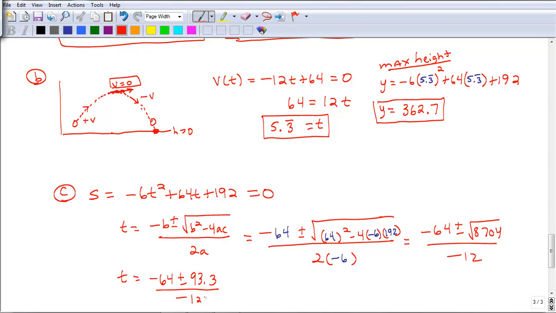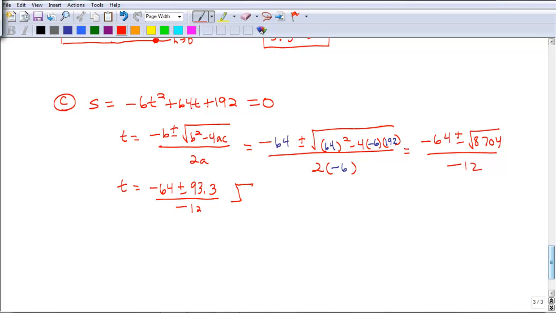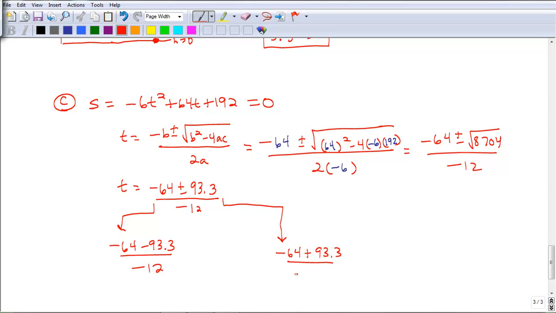And then I just type these both in. So there are two answers here. The first is -64 minus 93.3 over -12. And the second is -64 plus 93.3 over -12.